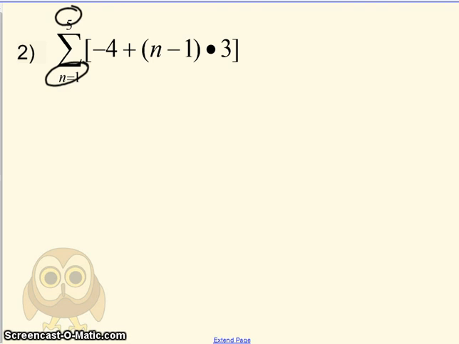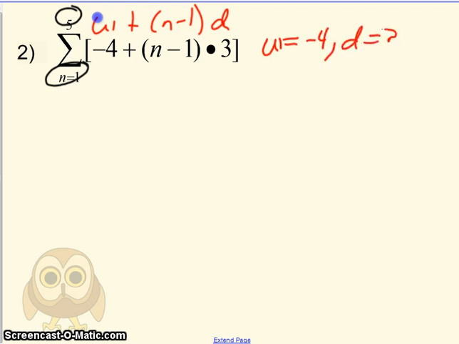It is the formula of u sub 1 plus n minus 1 times the common difference. So we know that the first term is negative 4 and the common difference is 3, and that is arithmetic because we recognize that formula.